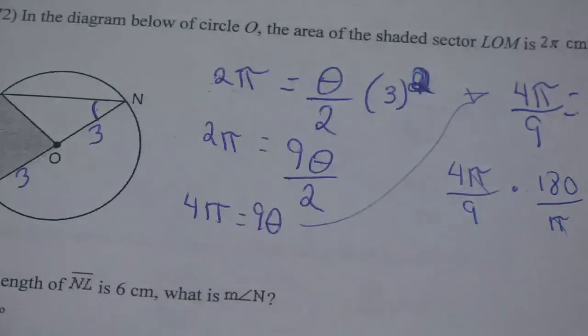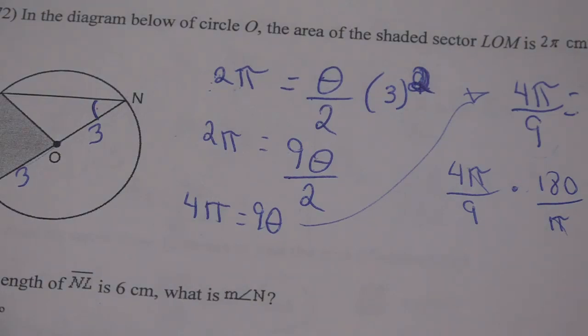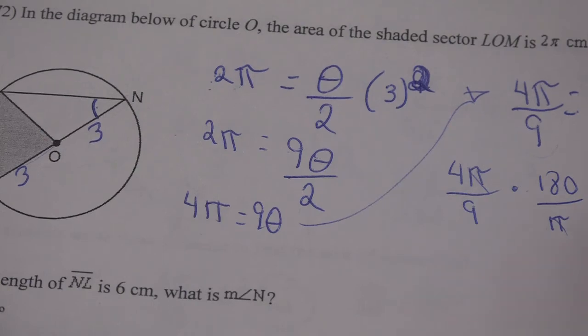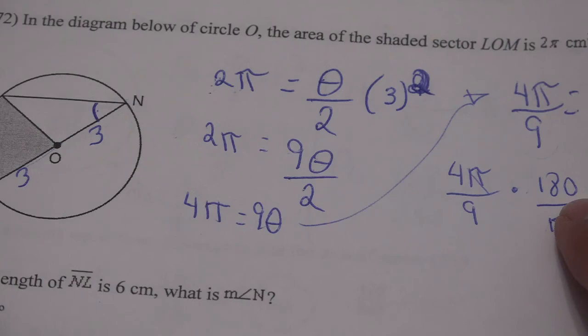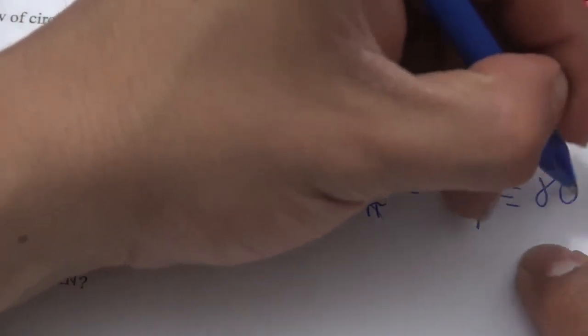So the pi's cancel out. And 4 times 180 is 720. And I'm gonna divide by 9 and I get 80.